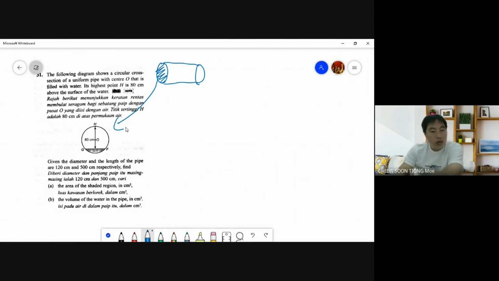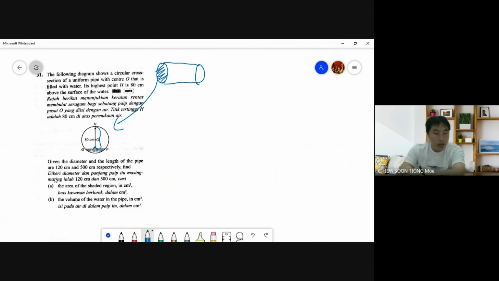It's filled with water. Its highest point H is 80 cm above the surface of the water. Means the distance until this point is 80.